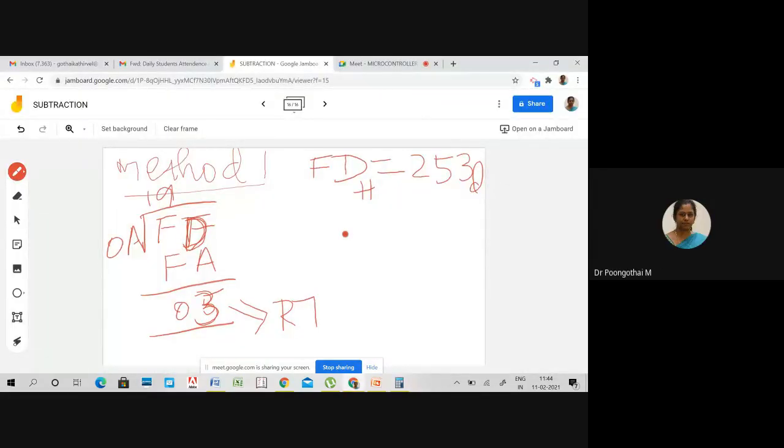19. Okay. So next you take the quotient and divide this 19 by 0A. Divide this number and tell me.